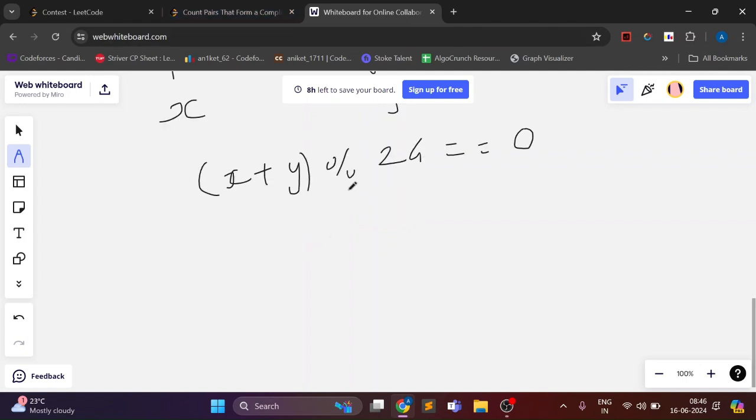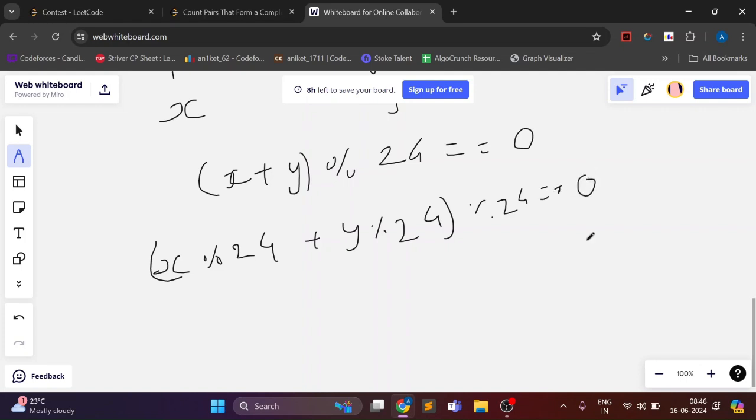If you have any idea about modular arithmetic, you can break this statement into two parts, where x mod 24 plus y mod 24, mod 24, would be 0.